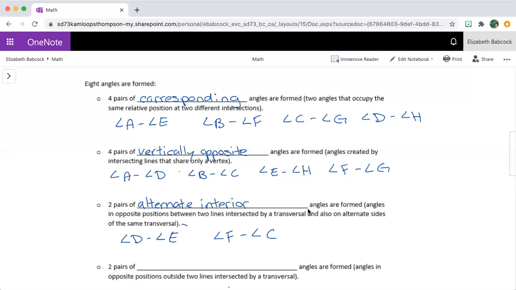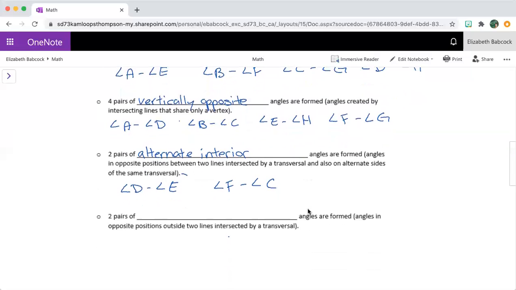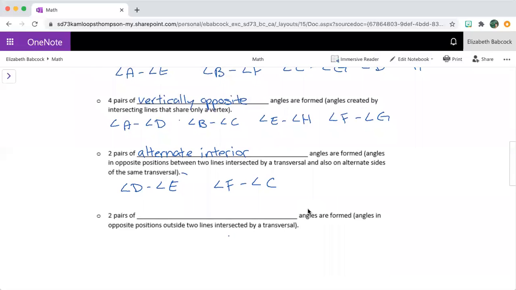The last type of angles that you need to know and be able to identify are 2 pairs of alternate exterior angles. These are very similar to alternate interior angles in that they are on the opposite sides of a transversal, but instead of being on the inside, now they are on the outside.